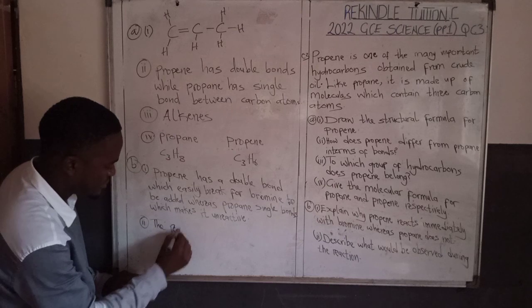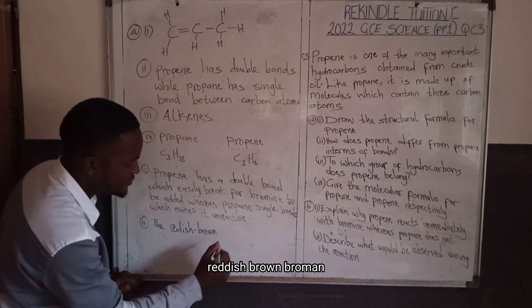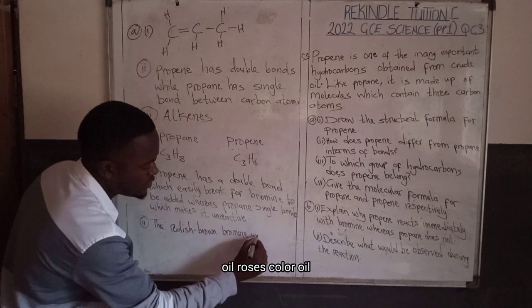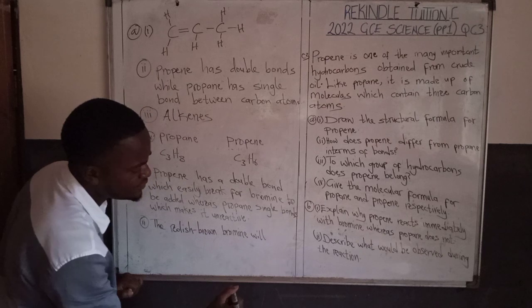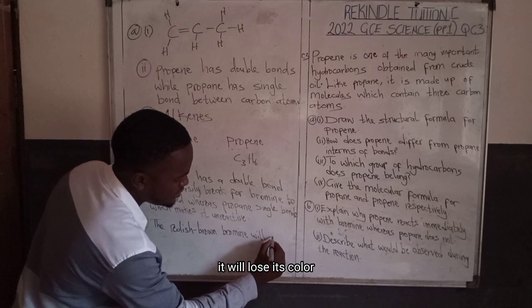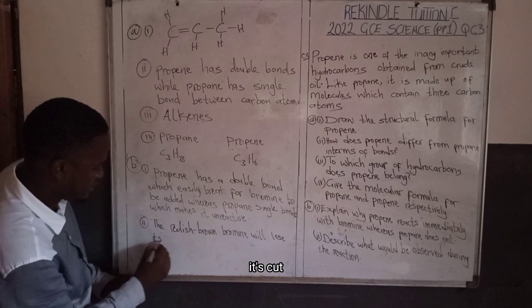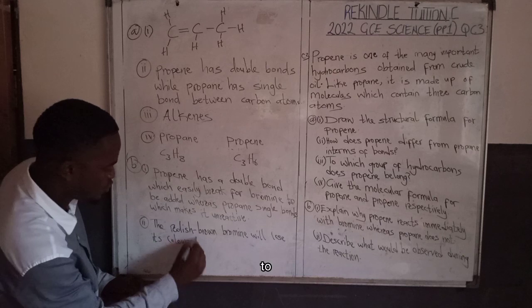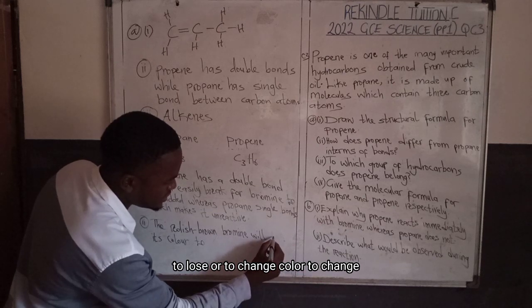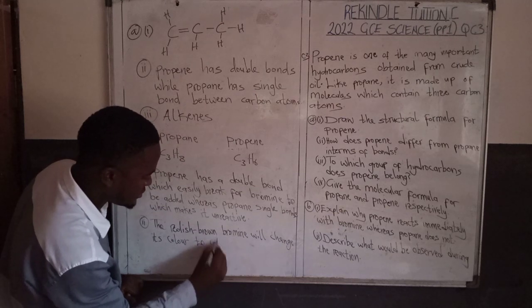The reddish brown bromine will lose its color, it will change its color to colorless.